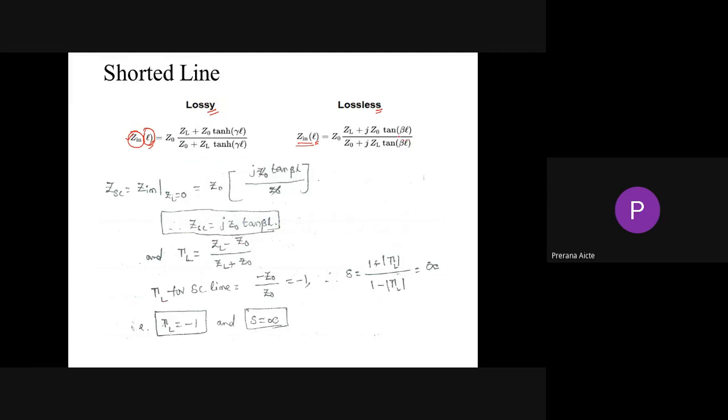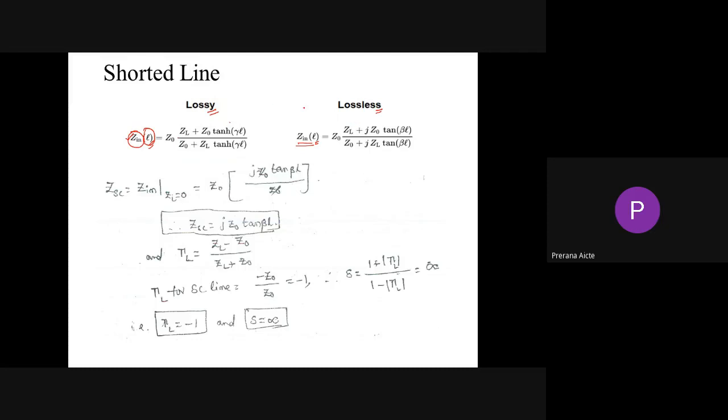The difference between the lossy and the lossless transmission line is that here it is the hyperbolic function tanh, and here it is the trigonometric function tan. That is the only difference between lossy and lossless transmission lines.